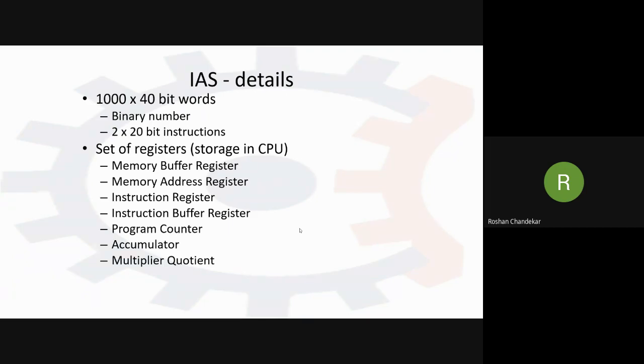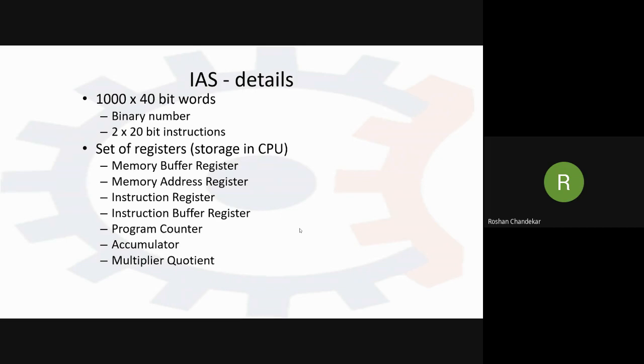Then the memory address register: what are the addresses that memory carries, like register address, register indirect address, direct address, that we take care of in the memory address register. Then instruction registers, the instructions fetched from the memory, that we can have as a set of registers in my IAS computer.